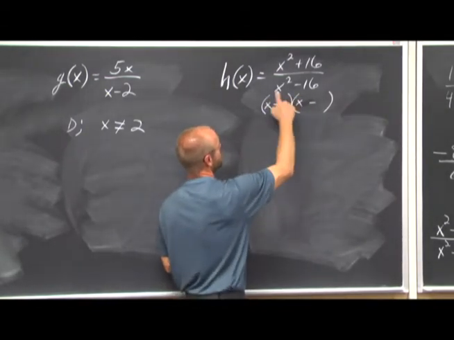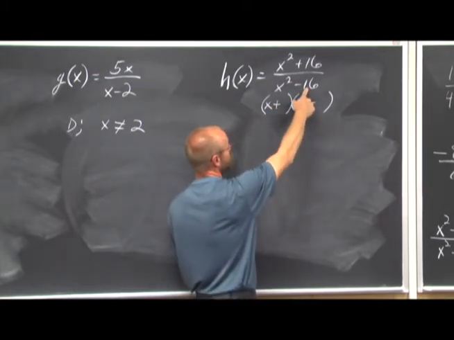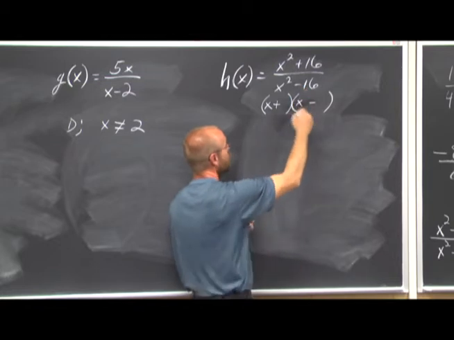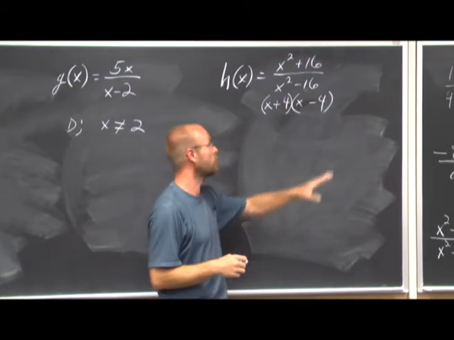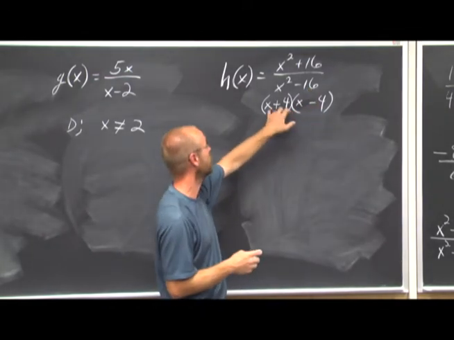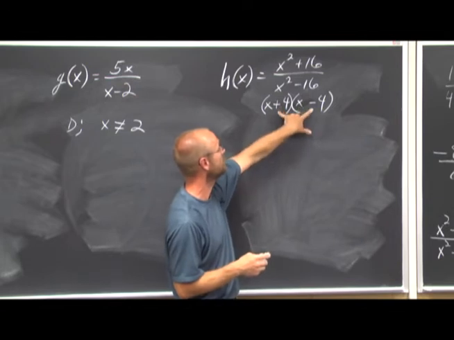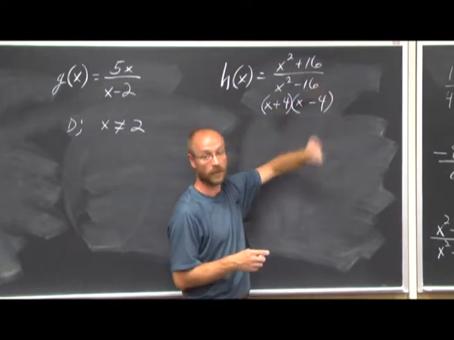We know the first term is x times x, and the last term is the difference of these squares, with different signs. Well, 4 is the square root of 16. 4 times 4 is 16, so we can always check our work. If we FOIL it back out, x times x is x squared. 4x and -4x goes away. No middle term here. And 4 times -4 is -16.